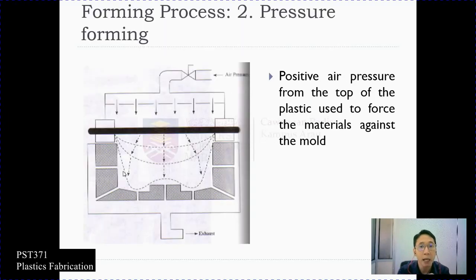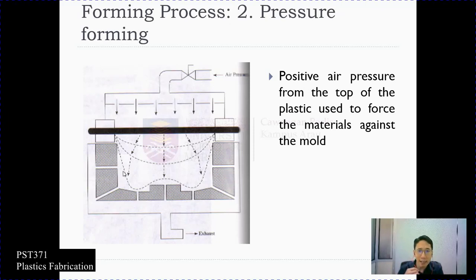And then the second forming process is pressure forming. What is pressure forming? Slightly similar to vacuum forming, but it uses pressure, in this case positive air pressure from the top of the plastic sheet, to force the material against the mold.